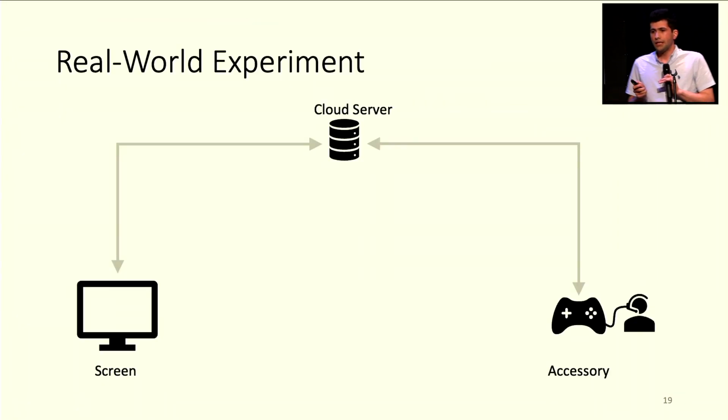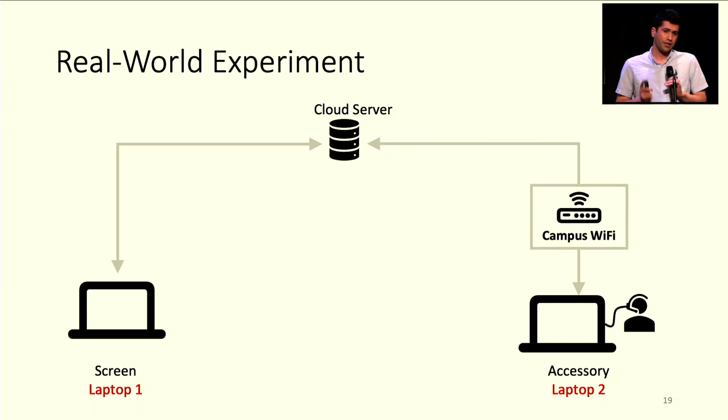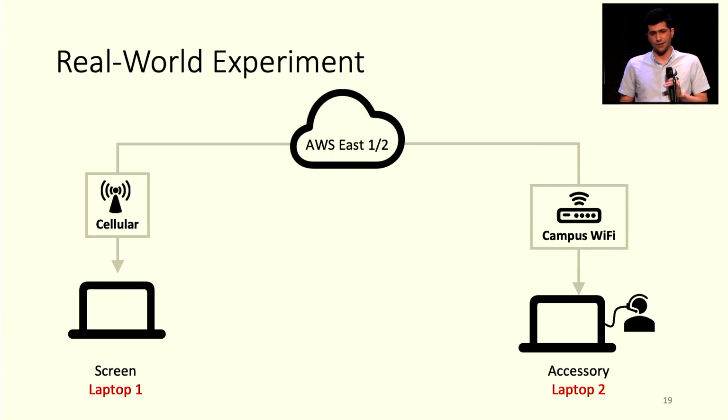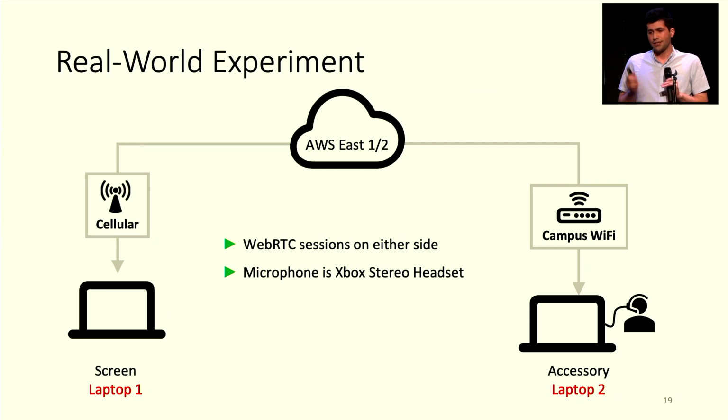Now, for a real-world experiment, we're going to replace the accessory on the screen side with 2 laptops. We're going to connect the accessory side through campus Wi-Fi, and we're going to connect the screen side through cellular network. For the server, we're going to be using AWS C4 instances in the East 1 and 2 regions, and the streams are both on either side going through ORTC. The microphone that's connected to the accessory is an on-device microphone of the Xbox stereo headset.